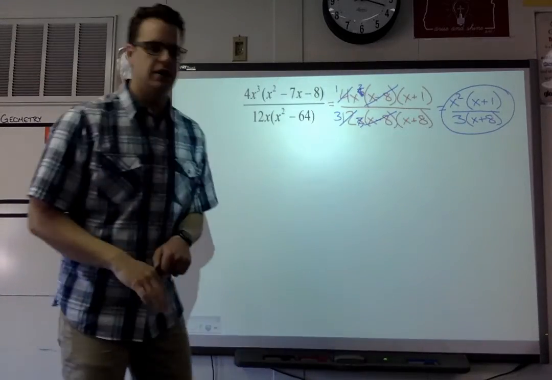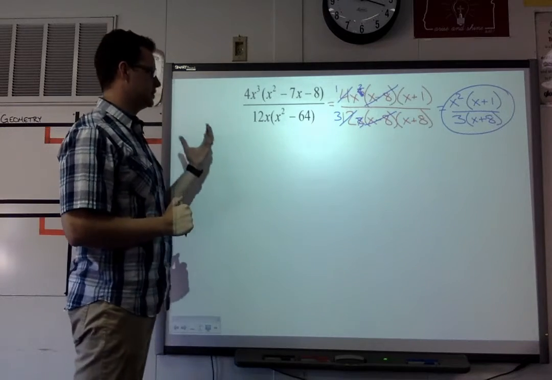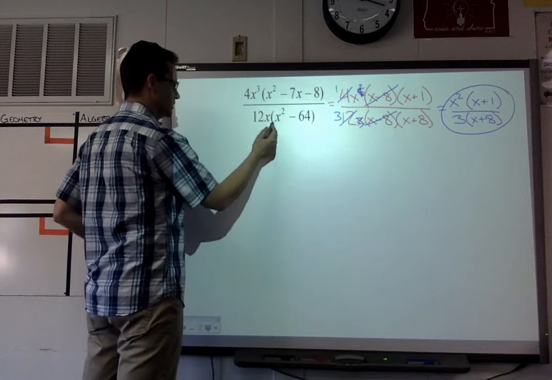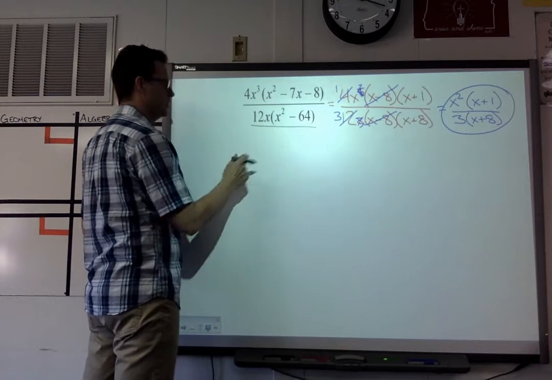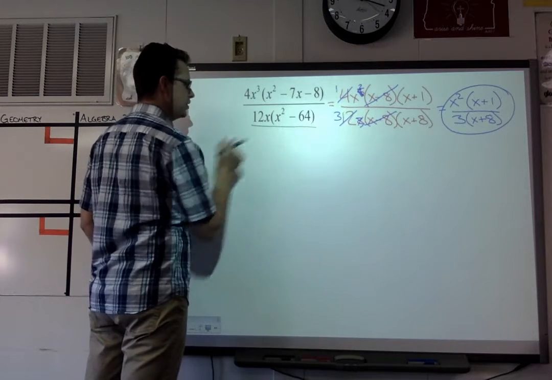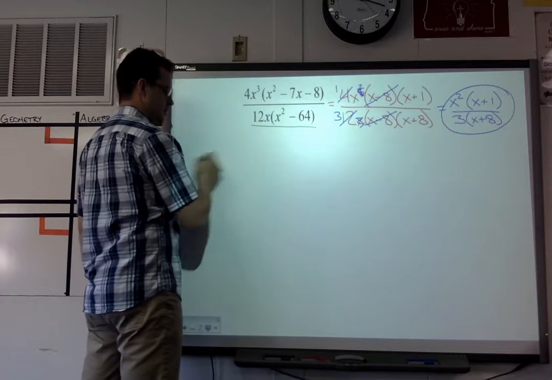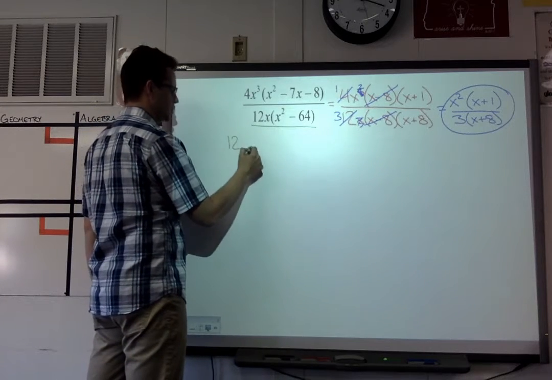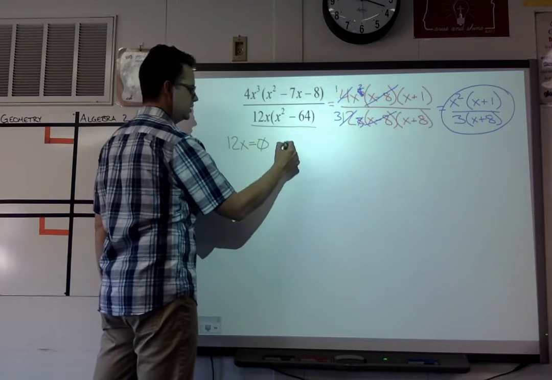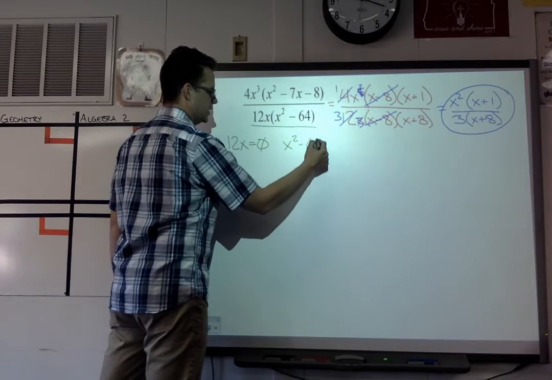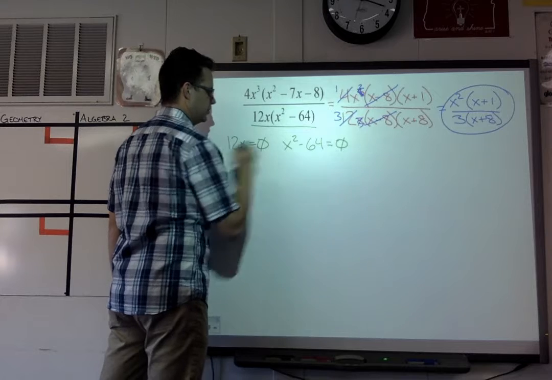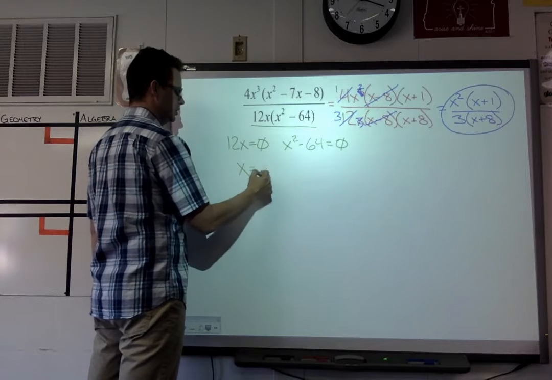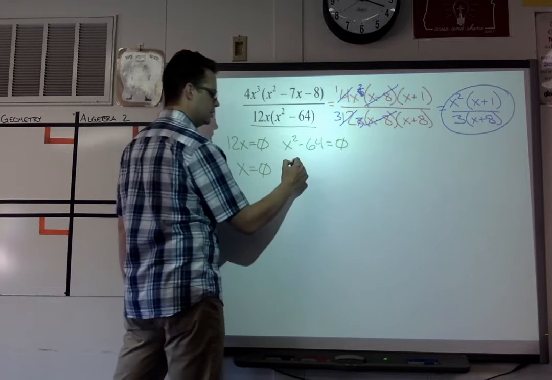Now I need to figure out what values of x would make this undefined. So again, I'm going to take everything in the denominator and set each separate thing equal to 0. So I'm going to say here 12x equals 0 and x squared minus 64 equals 0. Here we divide both sides by 12. We get x equals 0.